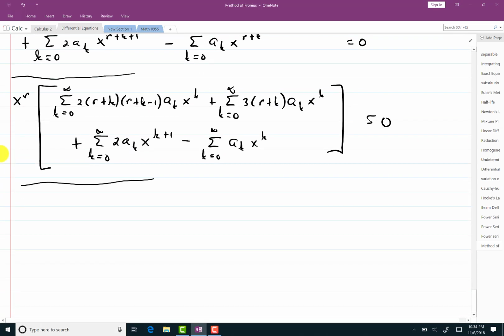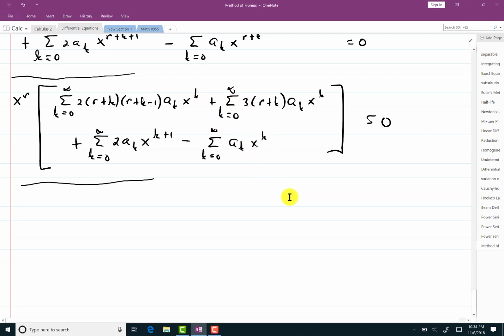Now let's take a look at the exponents to decide how I want to proceed next. The exponent on every series, the first, the second, and the fourth all start at x to the 0, and the last series starts at x to the 1. So I think what I'm going to do is release the first term on each of the series that start at 0.